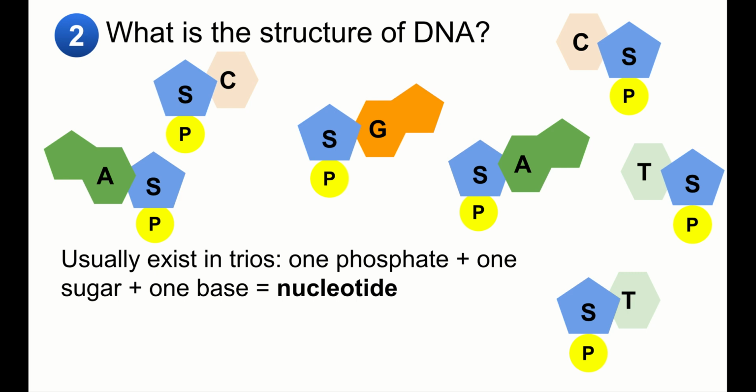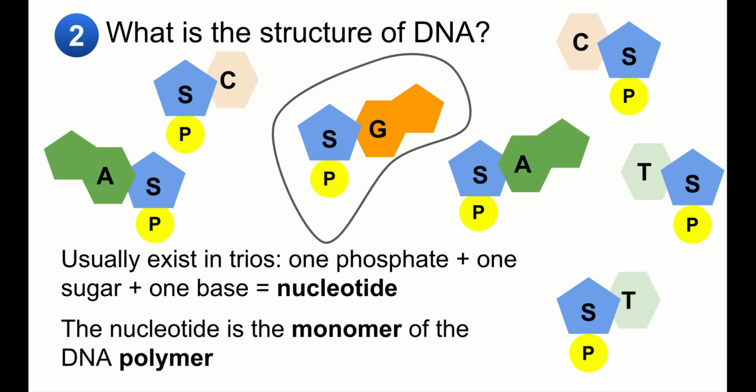For example, we could have a guanine base, which would just be this thing in orange, or we could have a guanine nucleotide, which is this trio of molecules connected together. And one thing to keep in mind, you've heard the terms monomer and polymer before. The nucleotide is the monomer of the DNA polymer. That means the nucleotide is the building block of the larger DNA polymer.